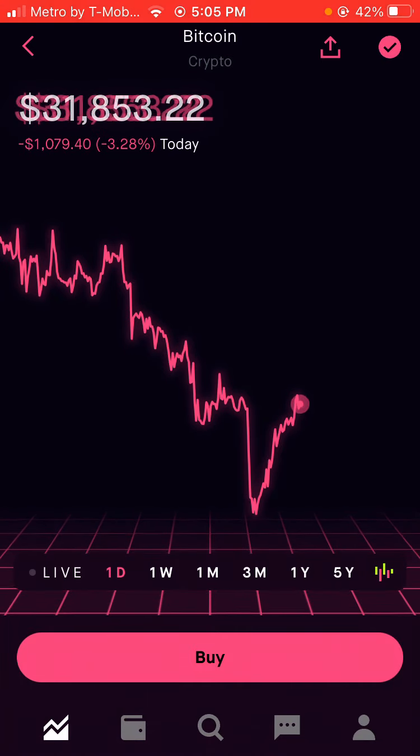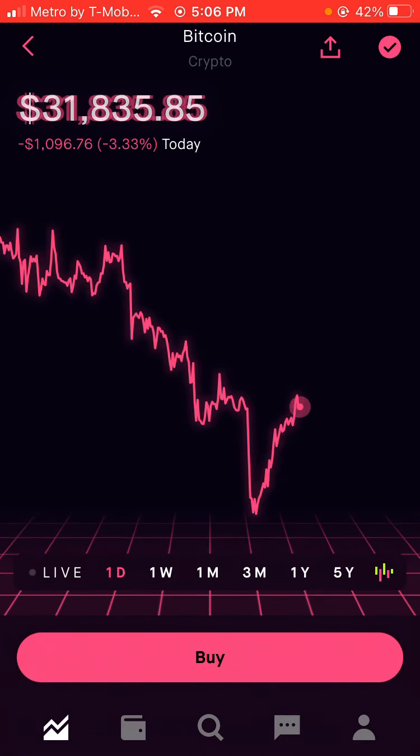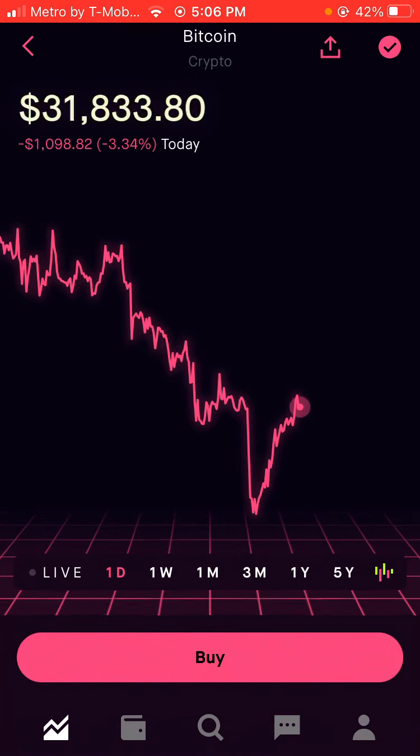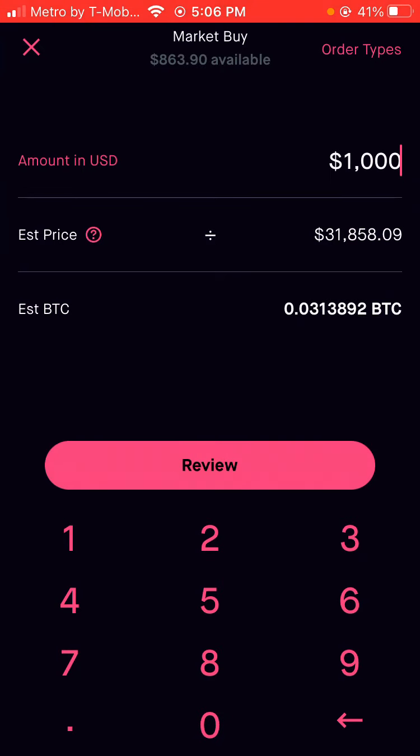they estimate Bitcoin will be $300,000 to $500,000. So most of you can afford 30,000, so you can buy half a Bitcoin or even $1,000. See, 30,000. I can buy $1,000 of a Bitcoin. You don't have to buy a whole share, you buy a fraction of the share.